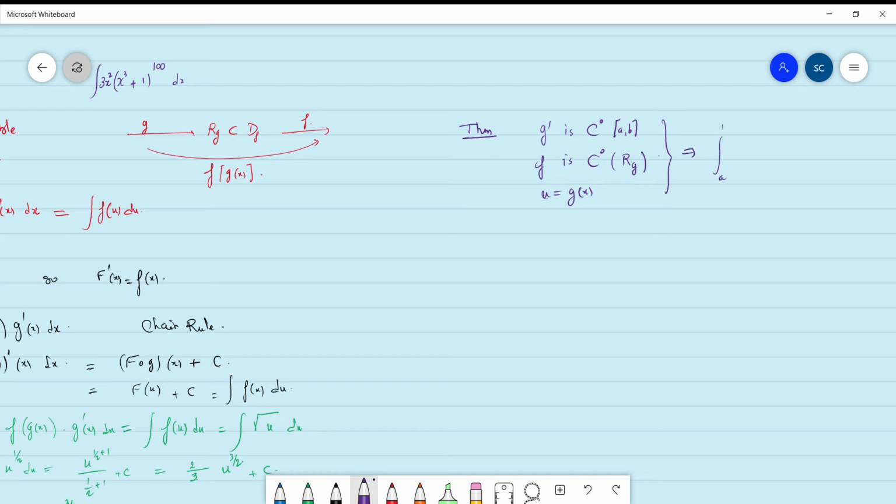The definite integral from a to b of f(g(x)) g'(x) dx is equal to the integral from g(a) to g(b) of f(u) du.